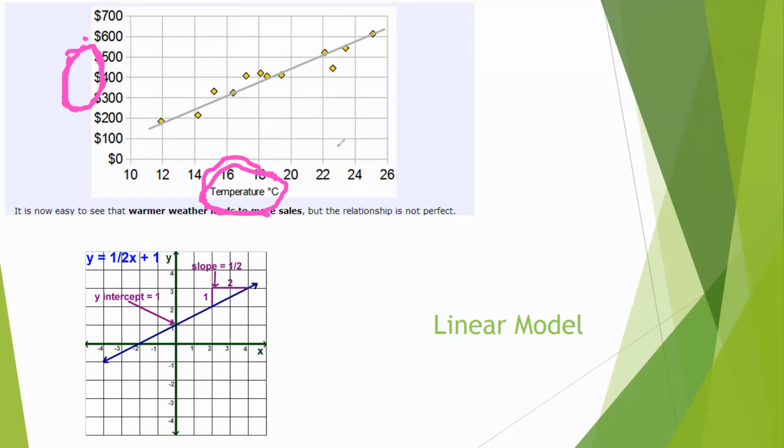This is the data you collected, and if you assume there's a linear relationship between the daily temperature and the sales, you can use a linear model to fit your data, right? Of course, this data shows a strong linear association between these two random variables.